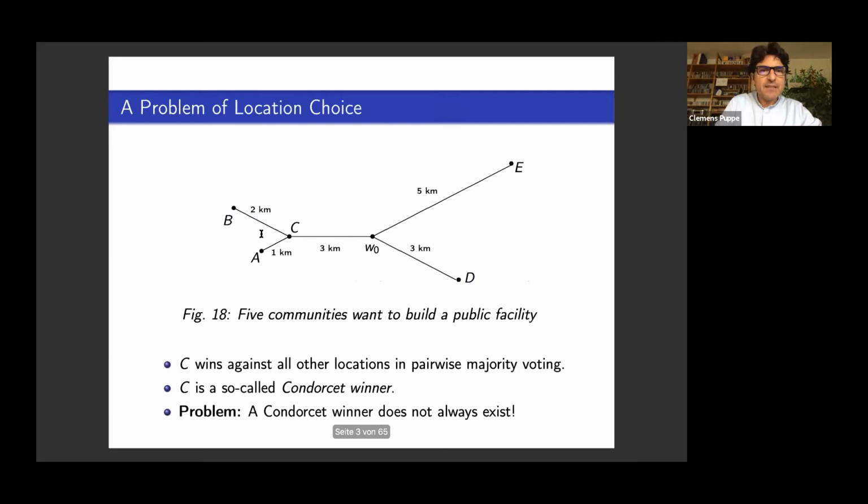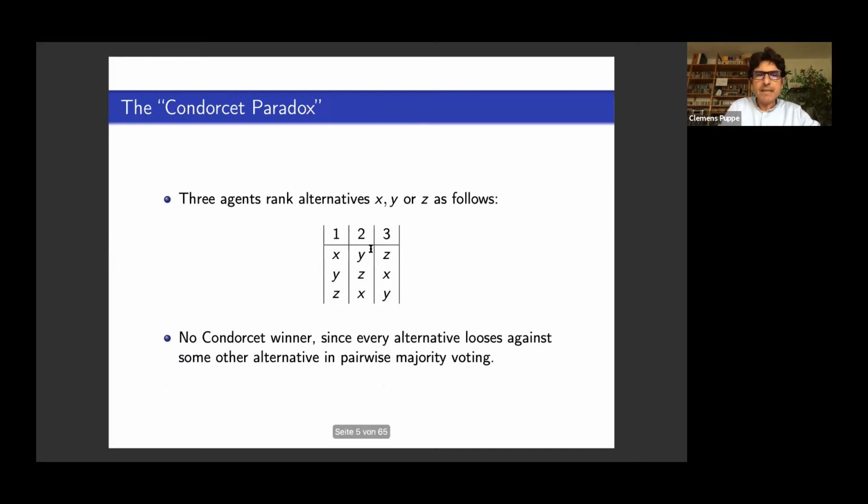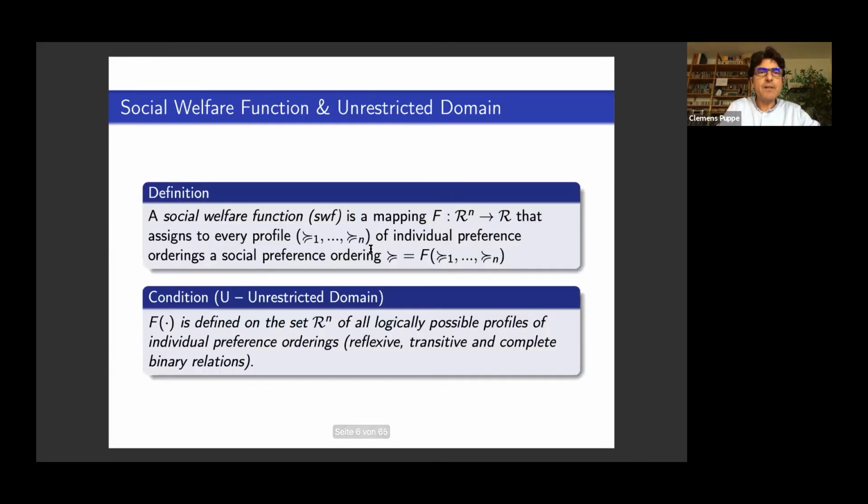If you have streets, yes, then you could make this comparison simply by asking how far away. That is a measure of how well off you are. But we will not do that in the first part. And what does not doing that mean? Well, that means we will only look at the so-called ordinal preferences. Okay, so here is now the framework that I want to present to you.